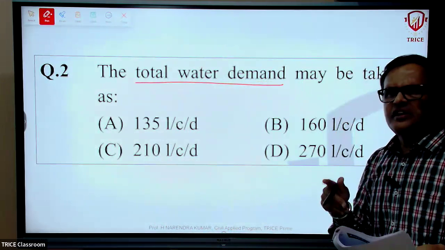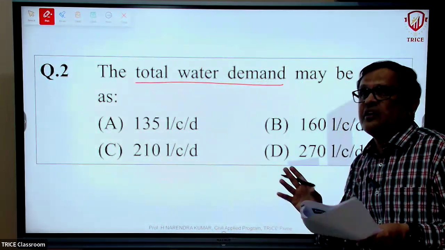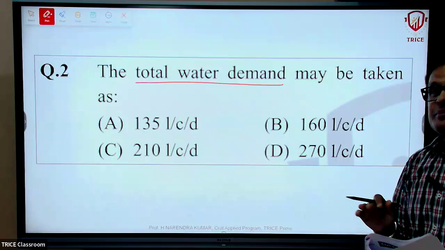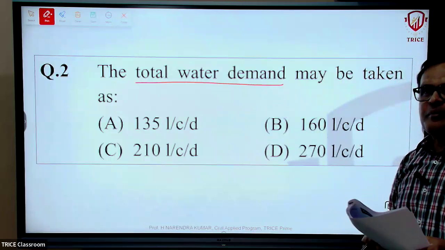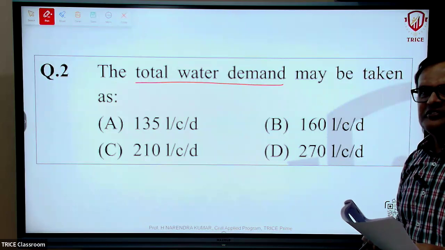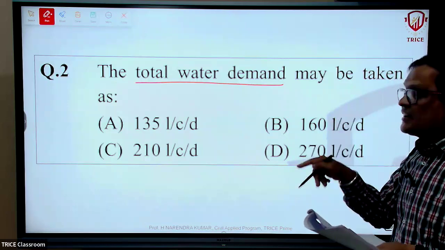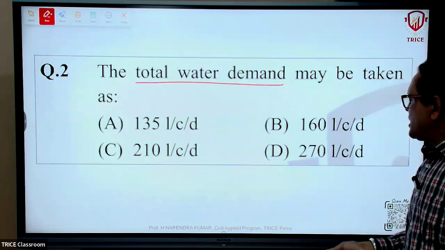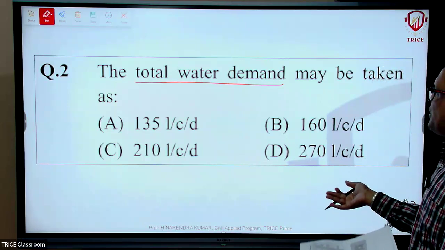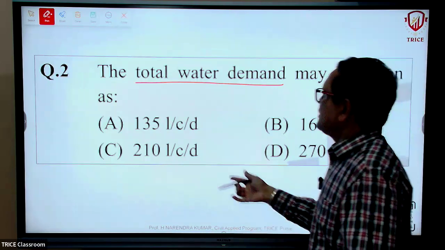There was a book, and people are using the Rangawala book for water supply engineering. He used this particular terminology, total water demand, instead of per capita demand. So we need to understand what total water demand is. Total water demand is nothing but per capita demand. Everybody knows the value of per capita demand, right?